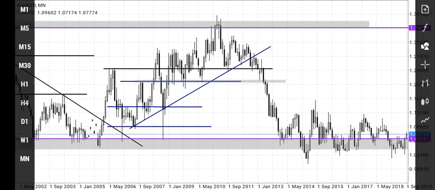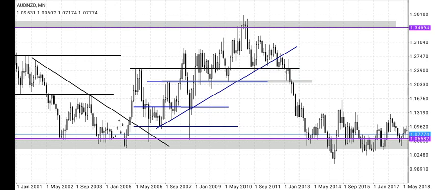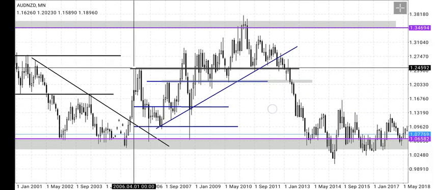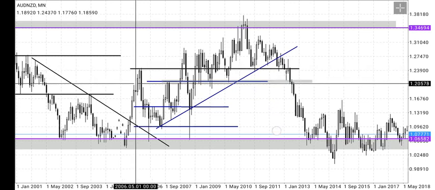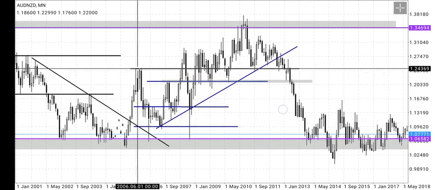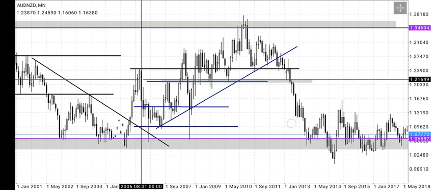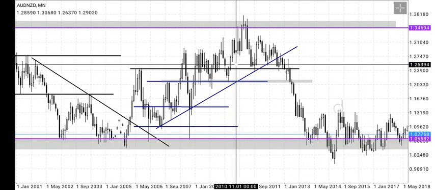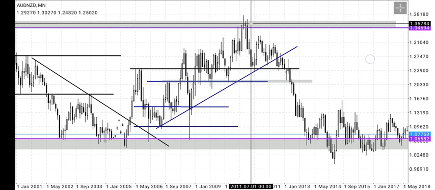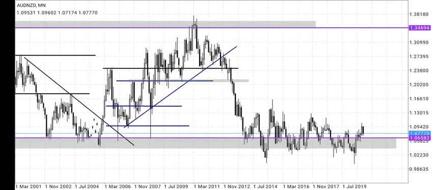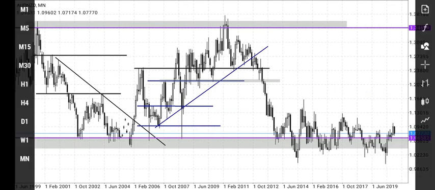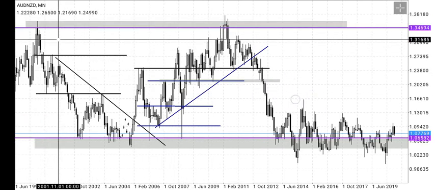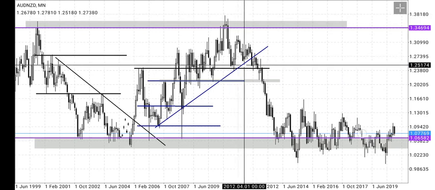All right, and eventually price broke. This is our major resistance, where price got to before we had a pullback, which was a retest, and price eventually got back to the major resistance, which later retested this major resistance to give us a double top.